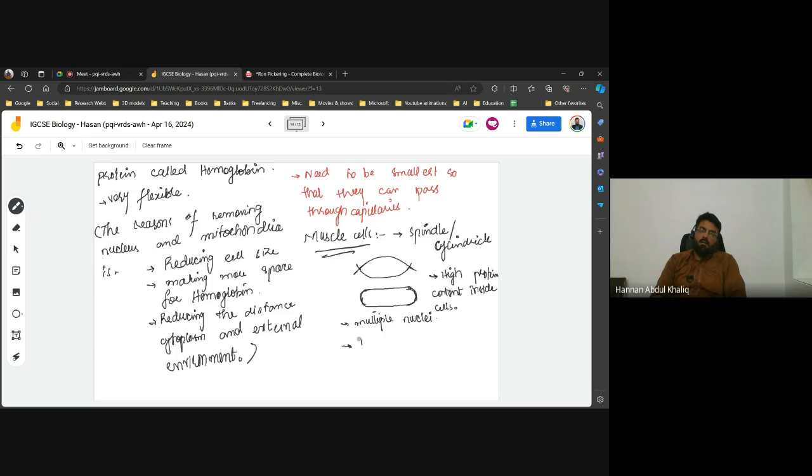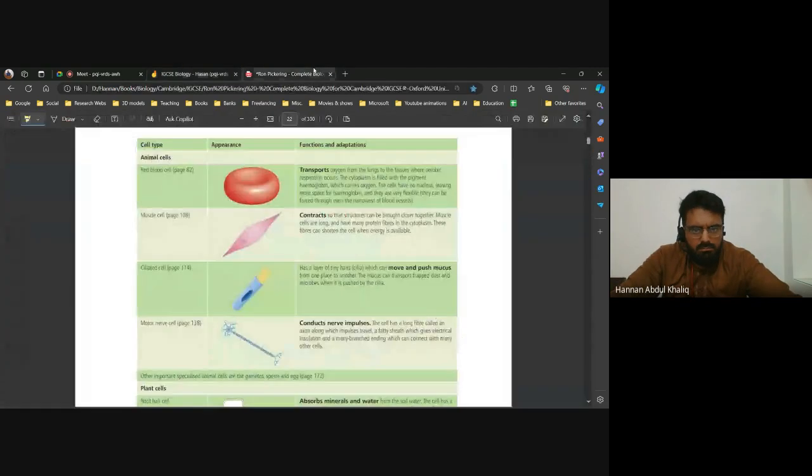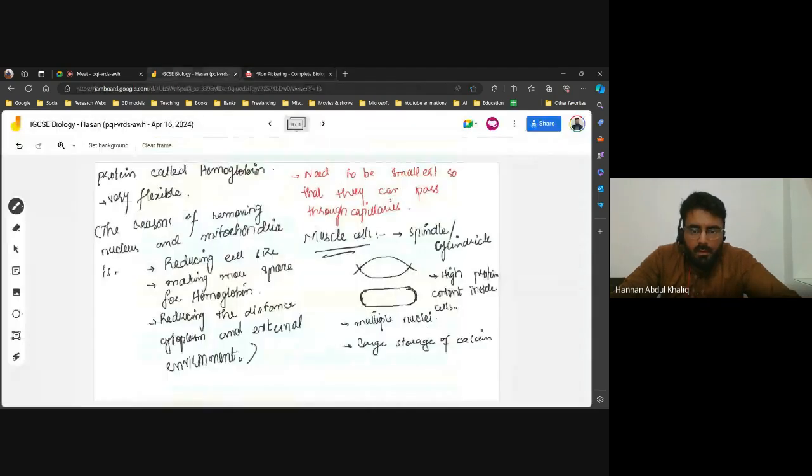And they have a large storage of calcium. Long protein fibers can shorten the cell when energy is available. Shorten means they can contract the cell. Got it?